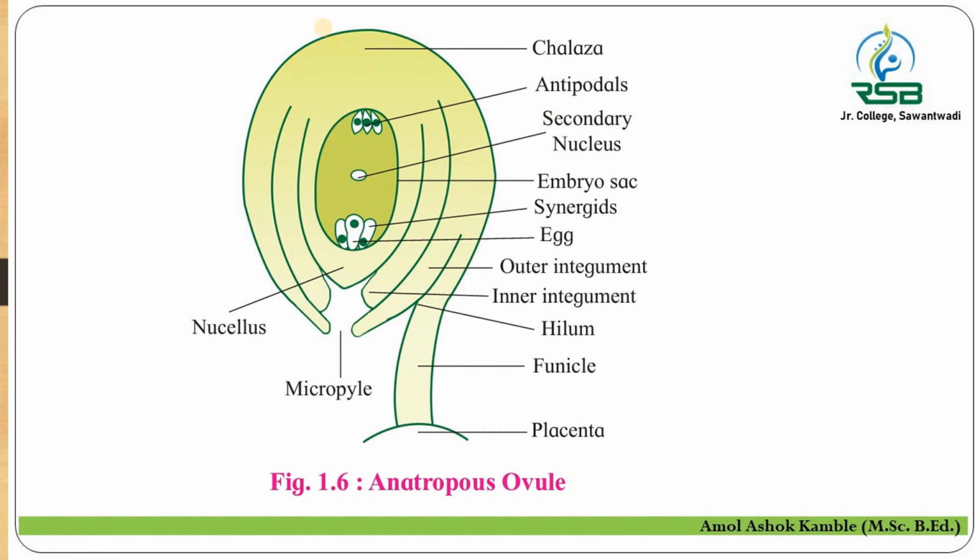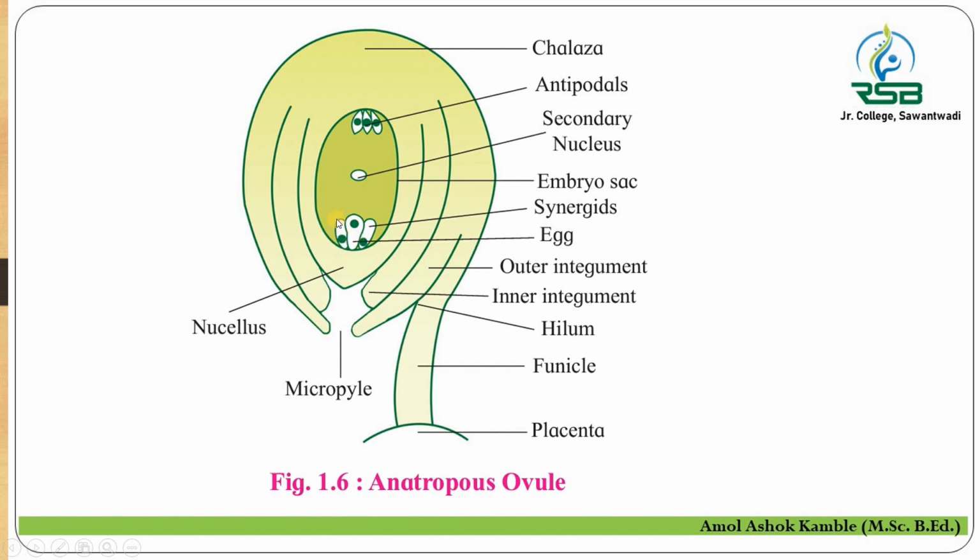So this embryo sac or the female gametophyte is the haploid structure which is present at the micropylar end, and structurally it consists of a 3-celled egg apparatus at the micropylar end. At the center there is the egg cell, and these are the two lateral synergids which bear the filiform apparatus. Here the synergids have the filiform apparatus.